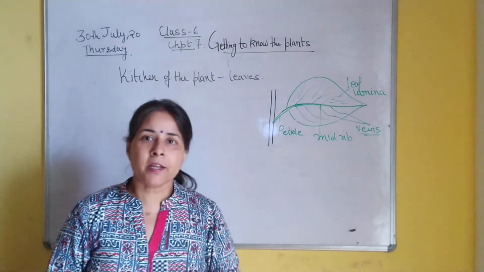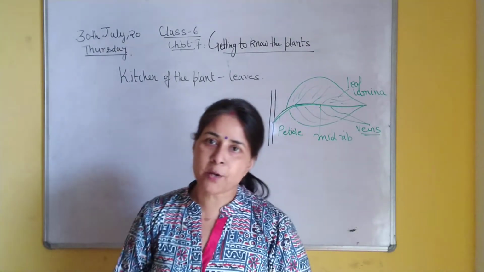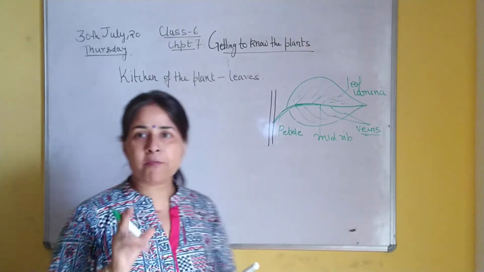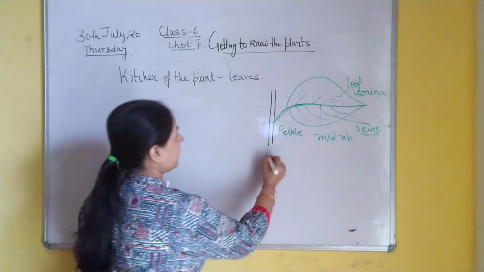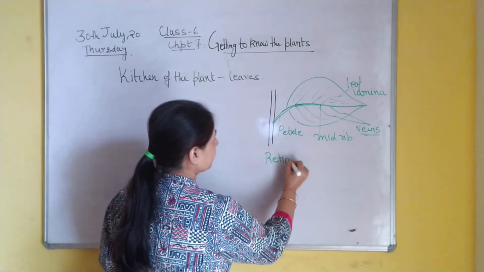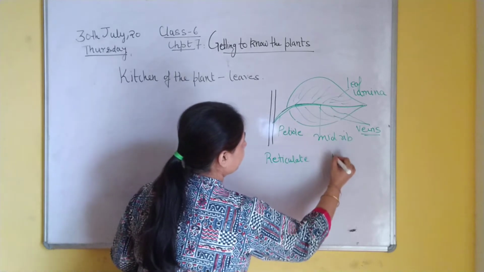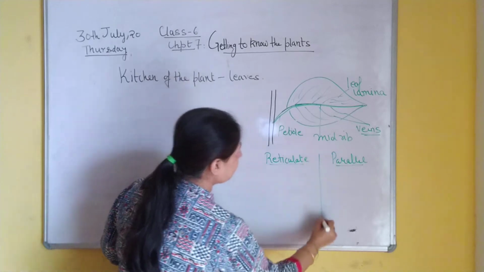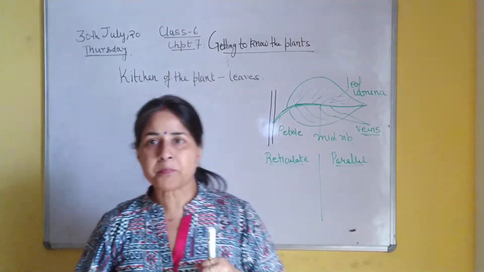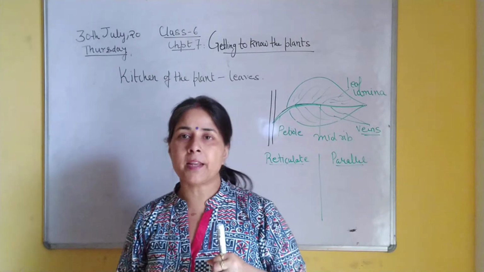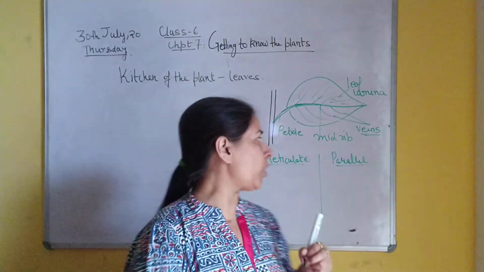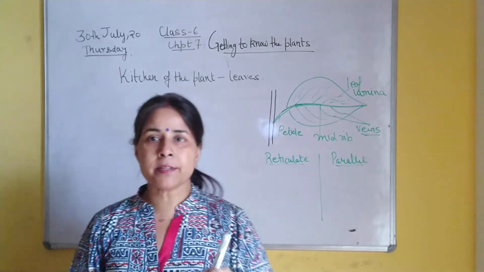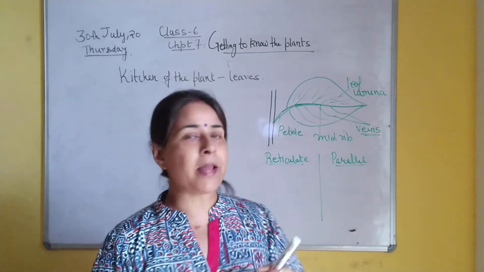Now after that we talked about the arrangement of different types of veins in the leaves, and according to that we have 2 types of leaves: one is reticulate and the other is parallel. The arrangement of veins inside the lamina is known as venation, as we have already done. On this basis we have 2 types of venation: reticulate venation and parallel venation.